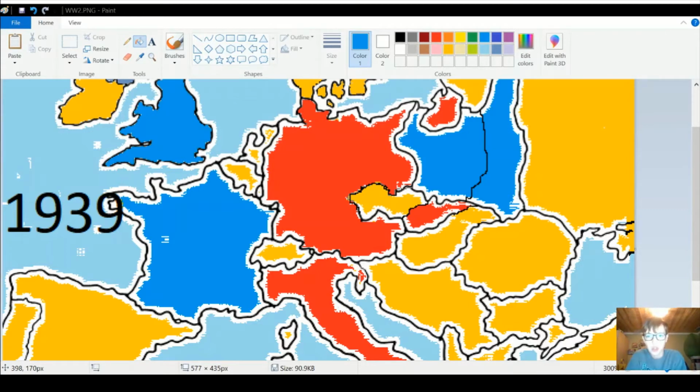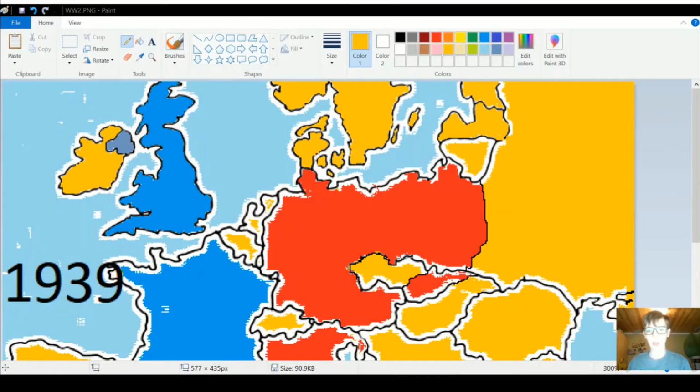They're pretty much gone. So the USSR, or Russia, they like the cut of Germany's jib. So Germany and Russia draw up plans to invade Poland. And guess what happens next? This is what happens next.